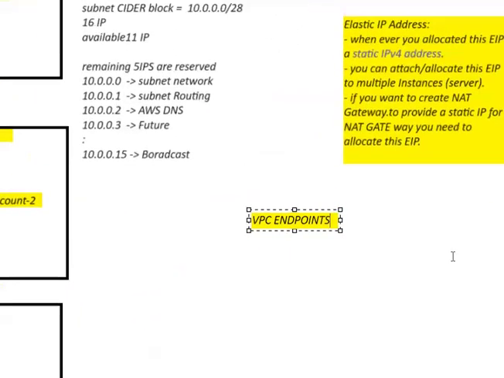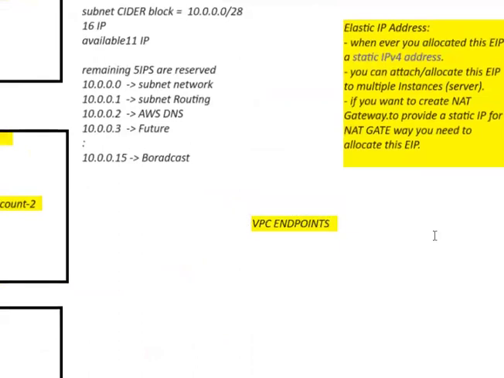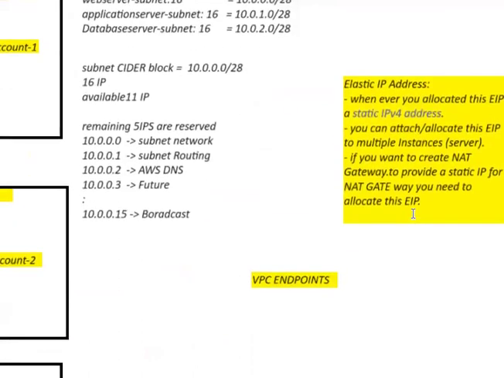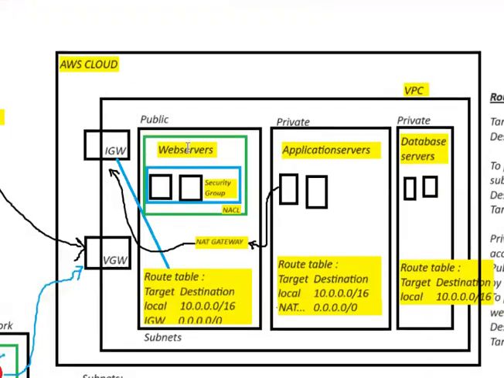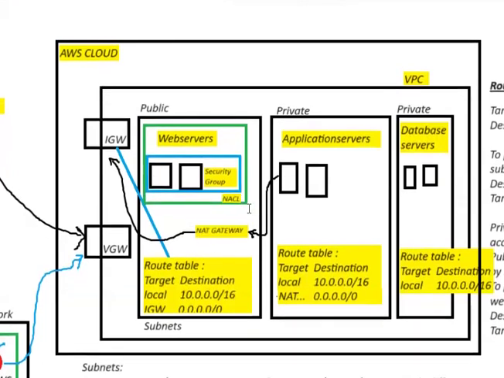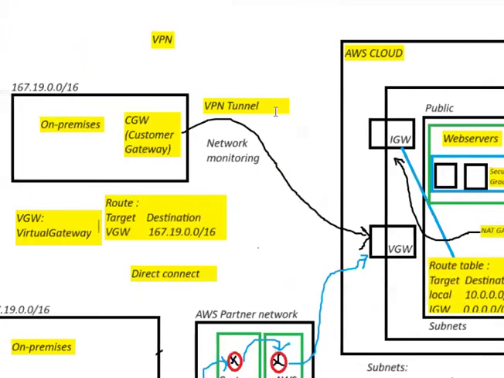So previously, how did you provide communication to servers which are present in your VPC? You used an internet gateway to provide internet access to your web servers, and by using that internet access, you communicated with other devices, right? That is one way you followed. And by using a NAT gateway, you can provide communication between your resources. And by using VPN, you have provided communication. By using Direct Connect, you have provided communication.